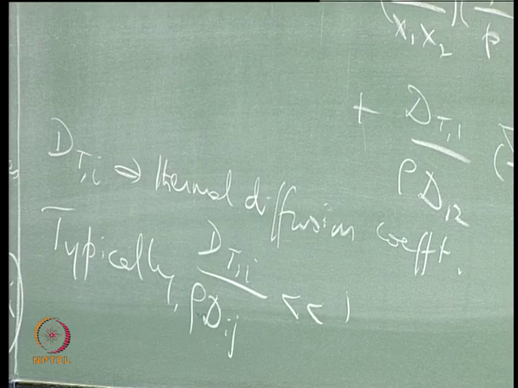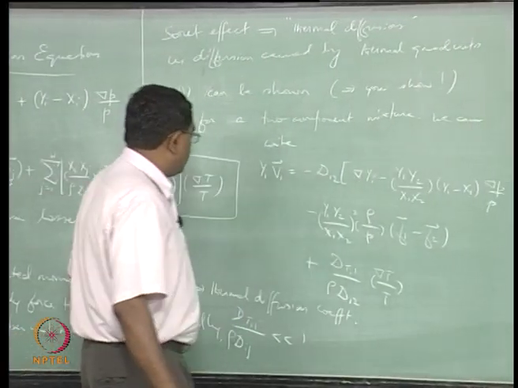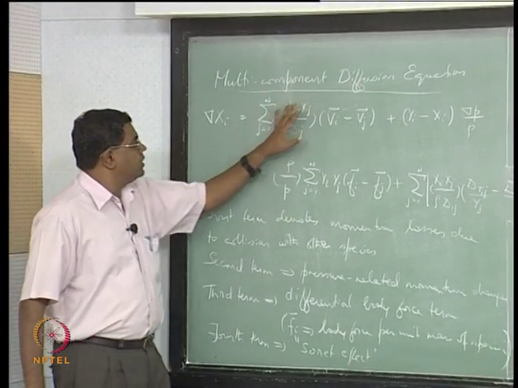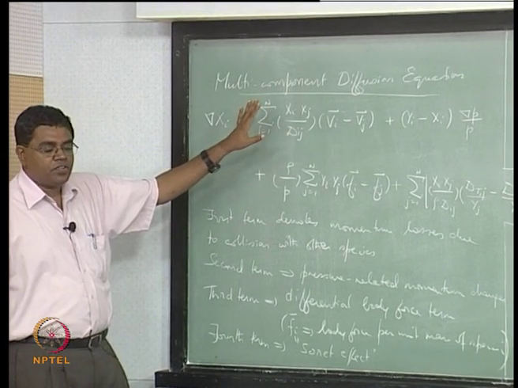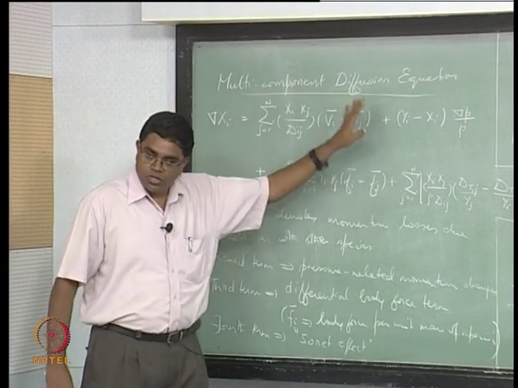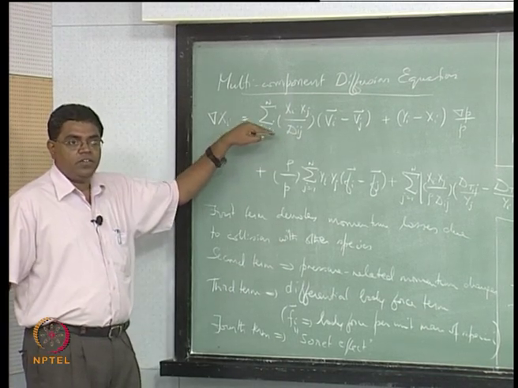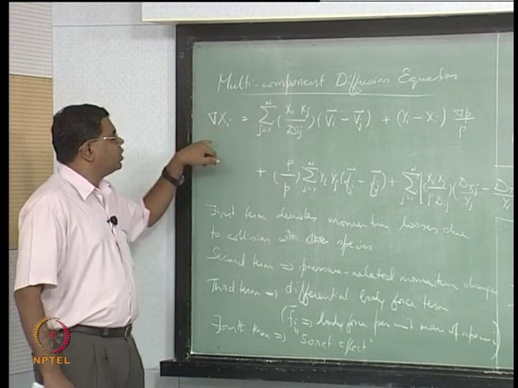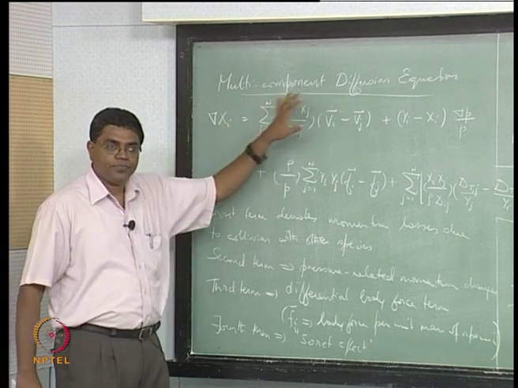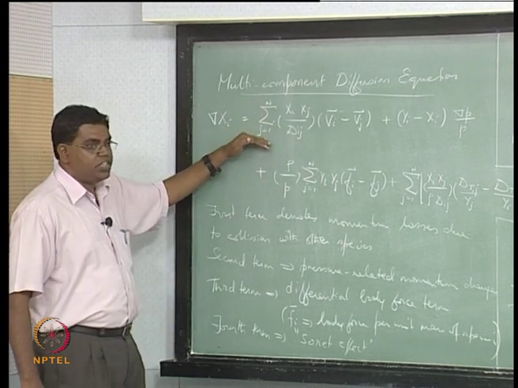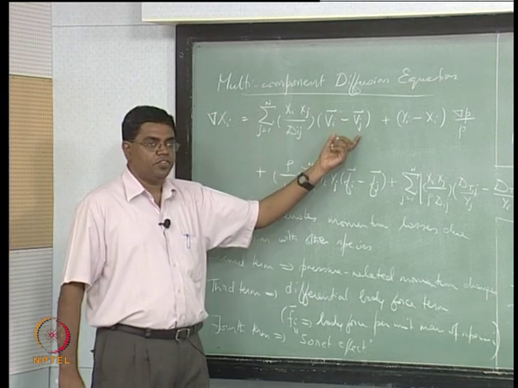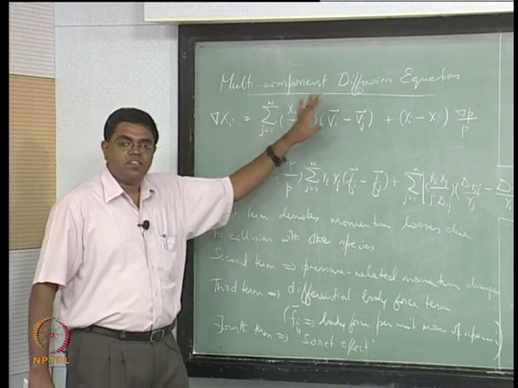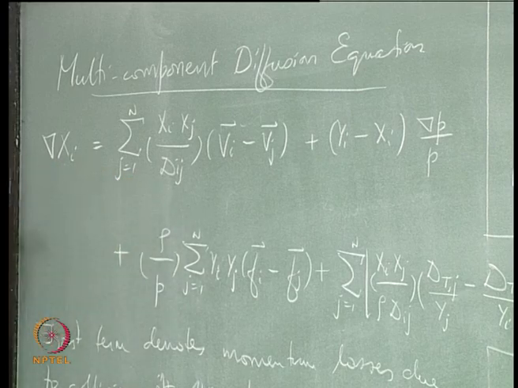The other thing that I would like to point out is when you now have a multi-component diffusion equation and you're looking at the same process that was there in Fick's law showing up in this term, you're still retaining the binary diffusion coefficient and then summing over all other species than what you're talking about. We didn't have to explicitly say that j is unequal to i over here because that would contribute a 0. So you could just sum over, but essentially we are looking at the interaction of all other species one at a time with species i.